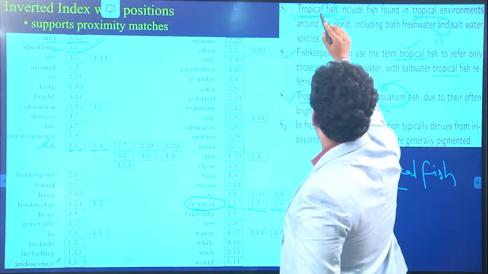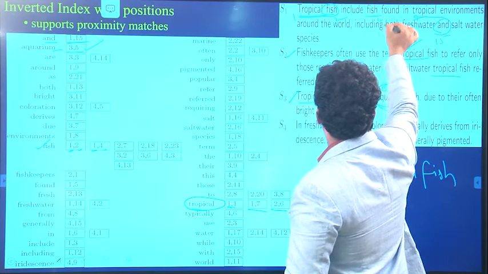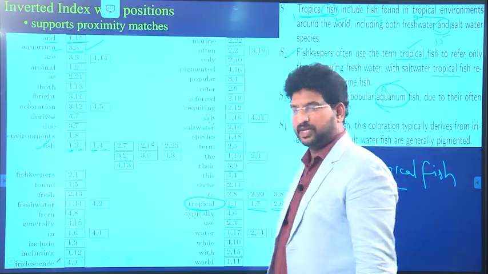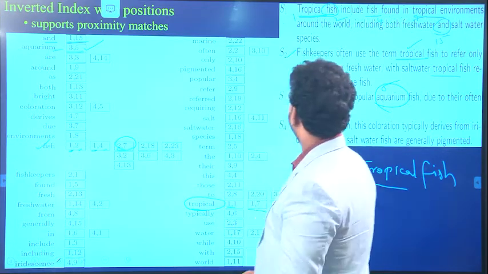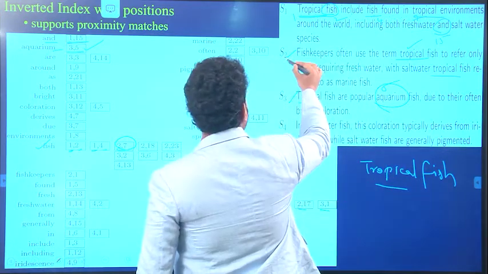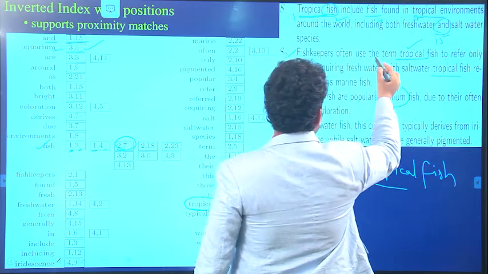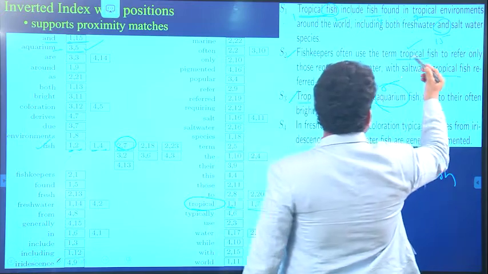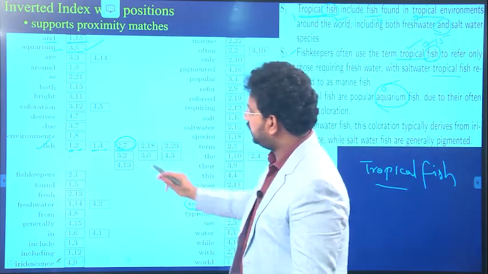Where is it? 1, 2, 3, 4. At the fourth position we have "fish", right? Next, the second document at the seventh position. This is the second document or sentence 2, at the seventh position: 1, 2, 3, 4, 5, 6, 7. So here it is at the seventh position.